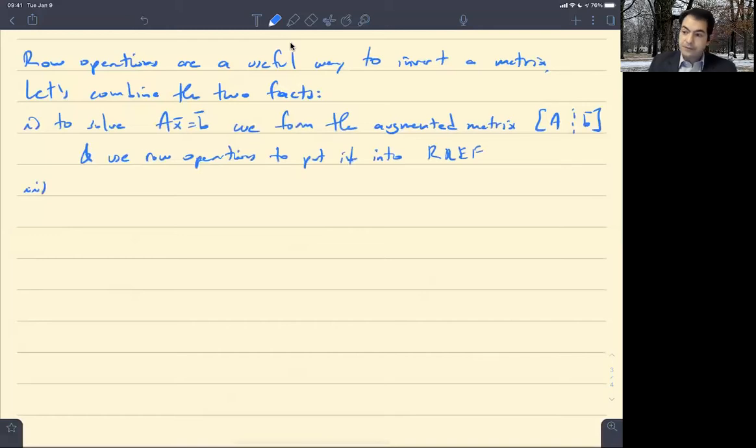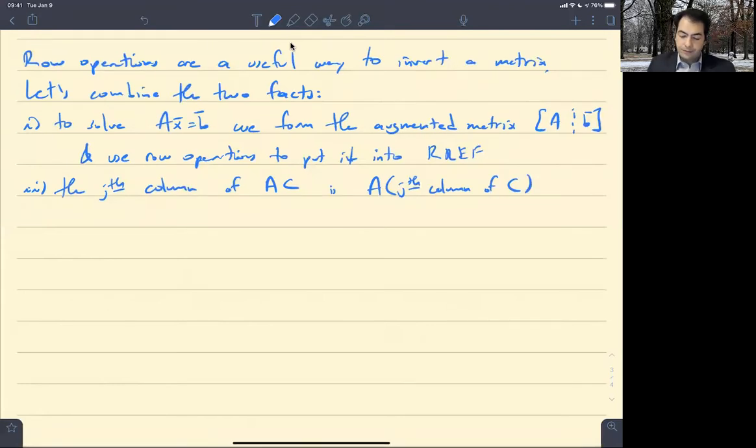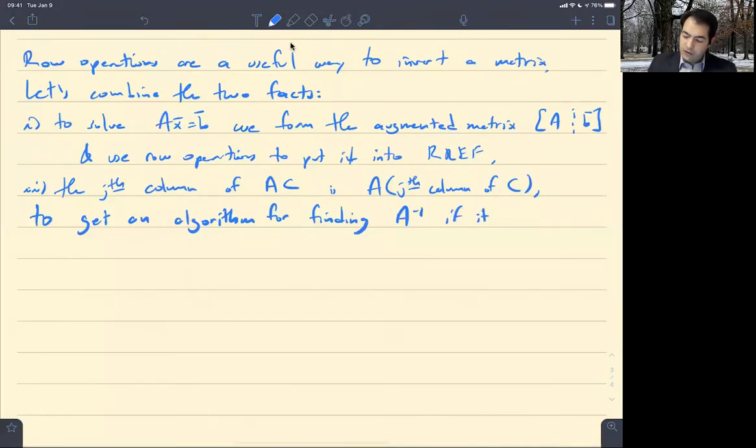And then our second fact is that the jth column of the product AC of two matrices is A times the jth column of C. Okay, so we're going to combine these two facts, fact 1, fact 2, to get an algorithm for finding A inverse if it exists.